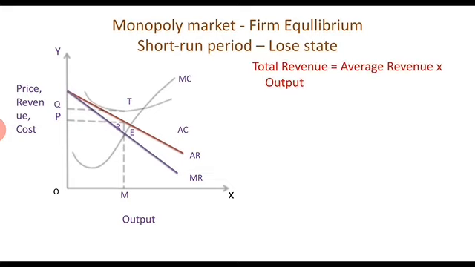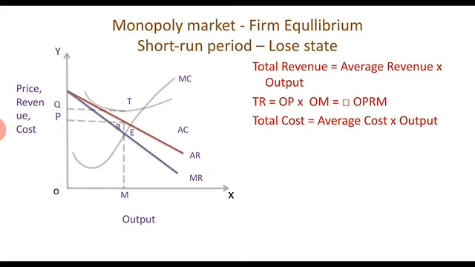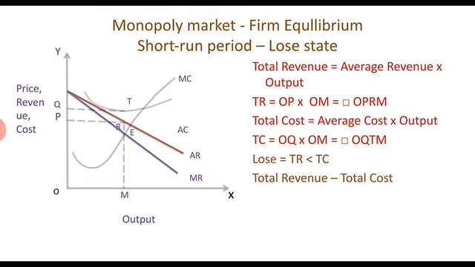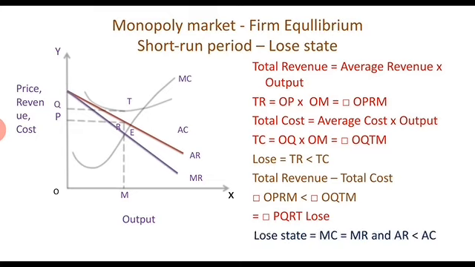Here we can see the total revenue is rectangle OPRM and the total cost is rectangle OQTM. Total revenue is less than total cost, so it is a loss state. Here the loss is rectangle PQRT. Loss state is MC equals MR and AR is less than AC.